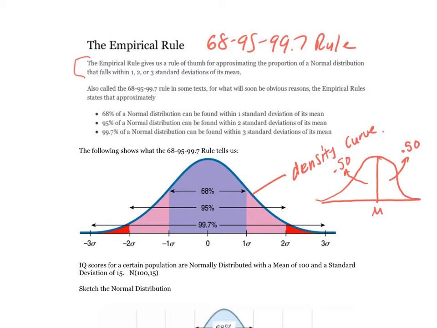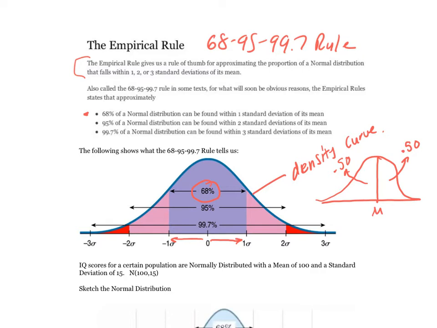But this rule is very interesting. If you look at the top up here, it says 68% of a normal distribution can be found within 1 standard deviation of its mean. So basically, if you go 1 standard deviation on either side of the mean, there will be 68% of the data in that region, okay? And if you think about this for a second, that's super interesting.